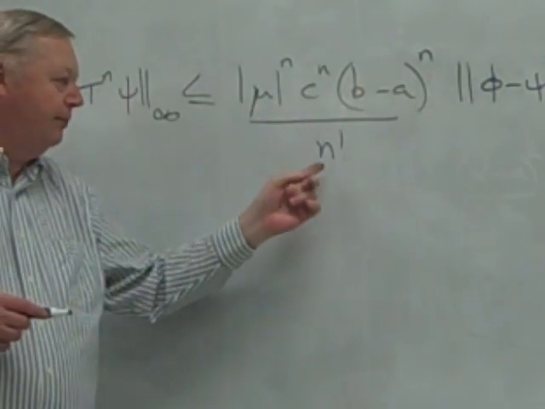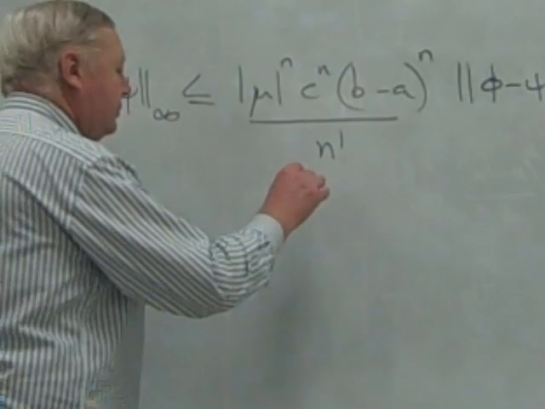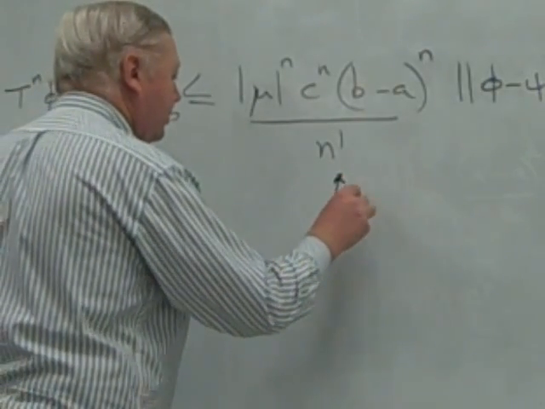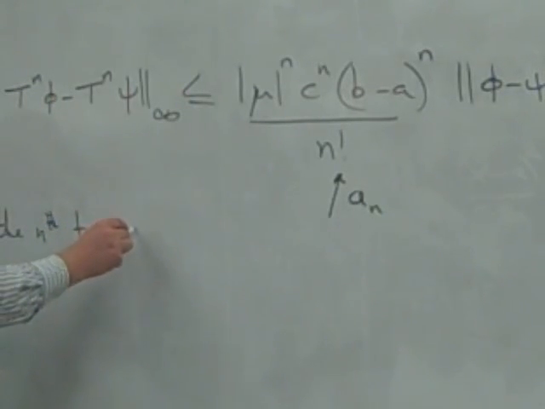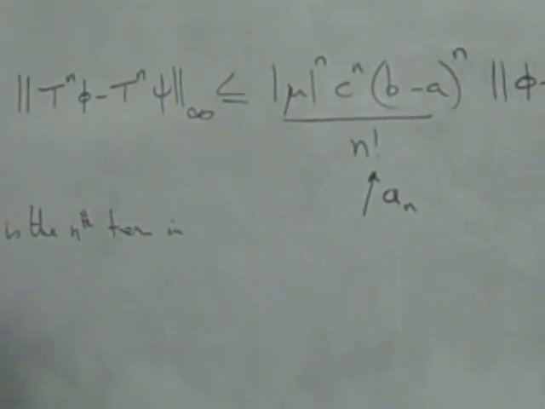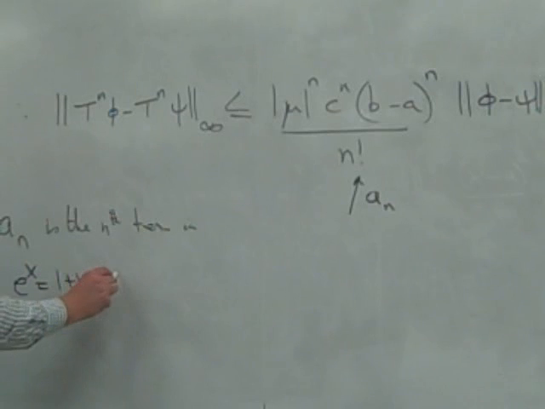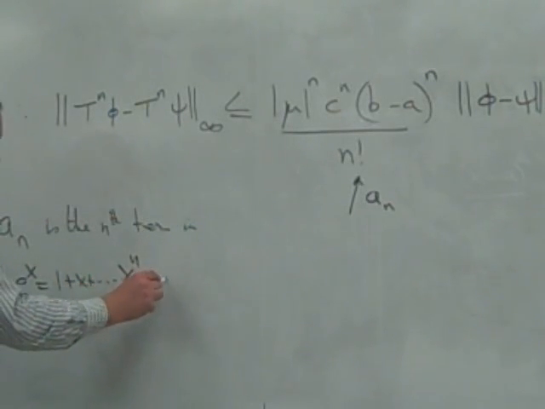But the point is that this number, let's call it a_n, a_n is the nth term in the Taylor series. e to the x is 1 plus x to the n over n factorial plus and so on.